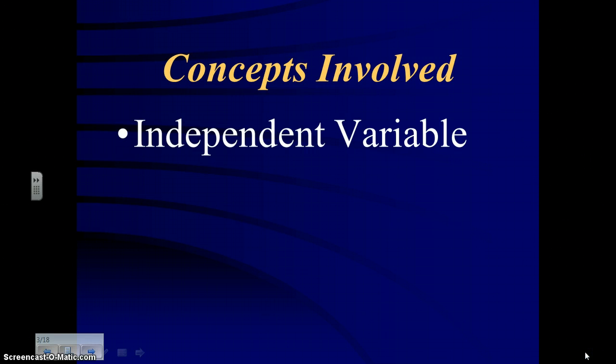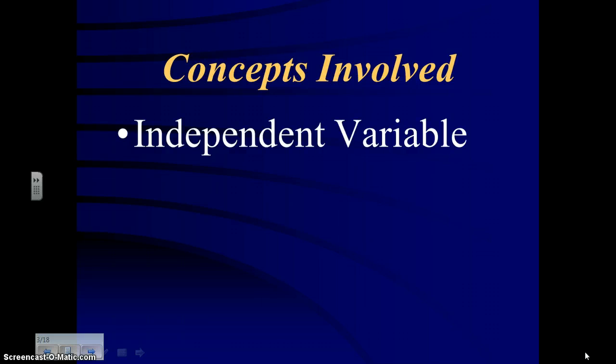One of the concepts you have to examine is what we call the independent variable. That's the most important part of the research. The independent variable is the concept that's being examined or manipulated or changed by the experimenter. Let's take that as a definition for now and go from there.